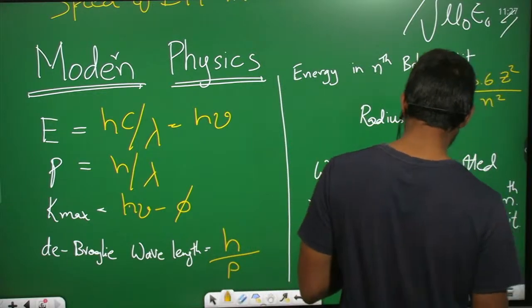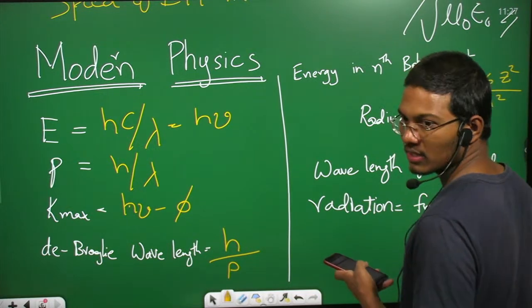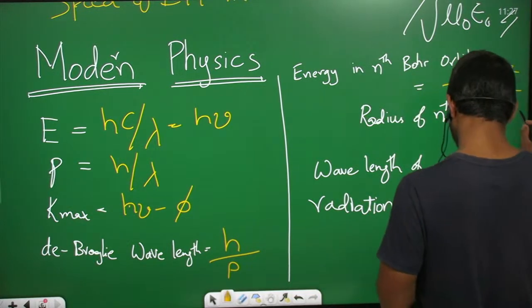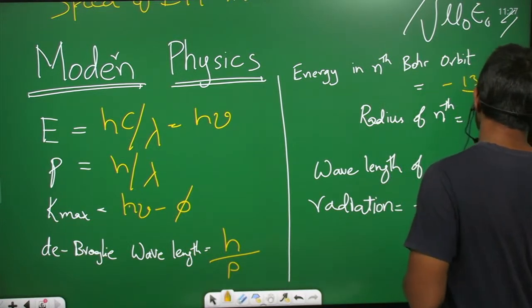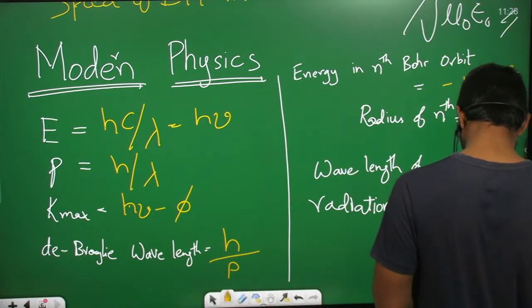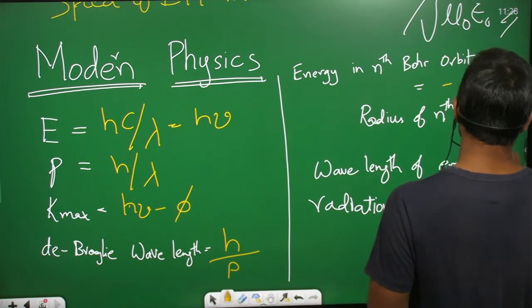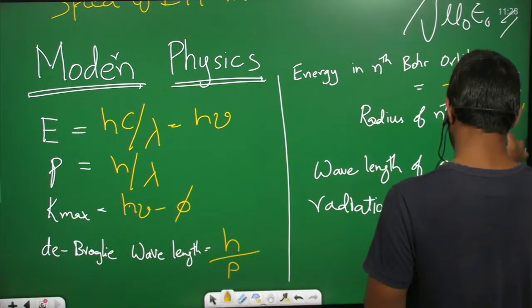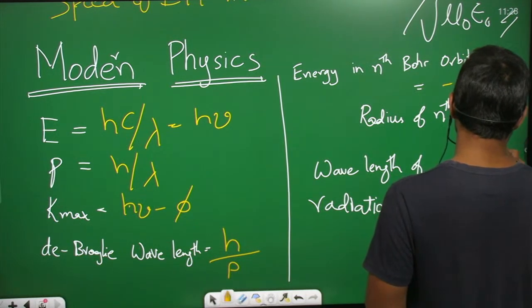Okay, joules is one form, but here we are trying to talk in terms of volts, right? Electron volts. So radius of nth orbit is n square a naught by Z.